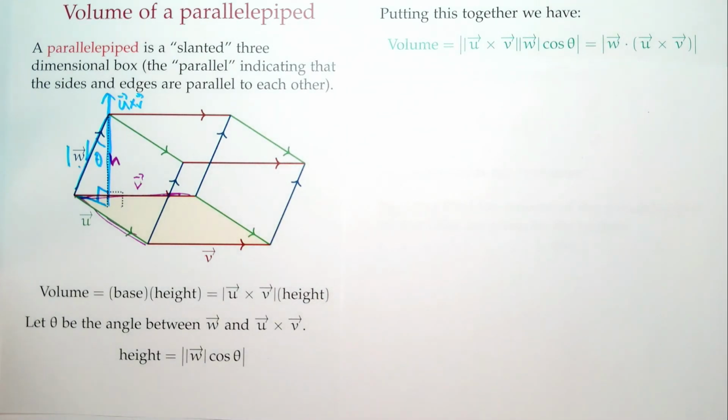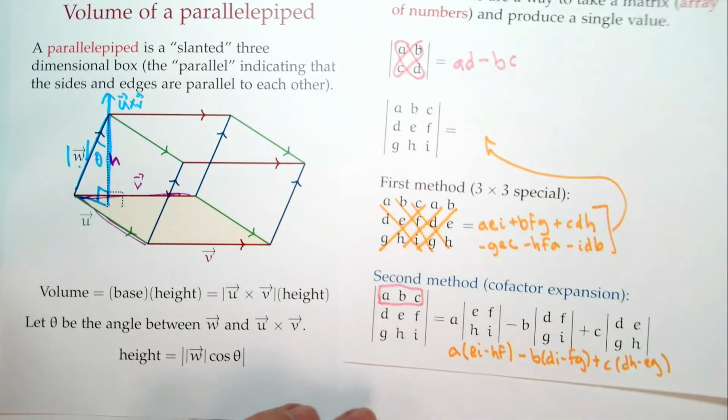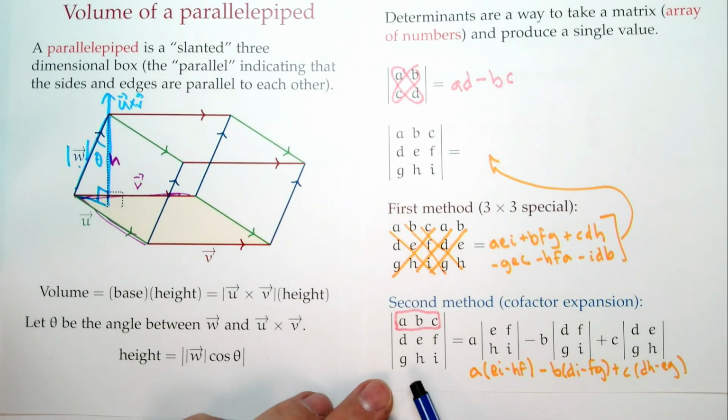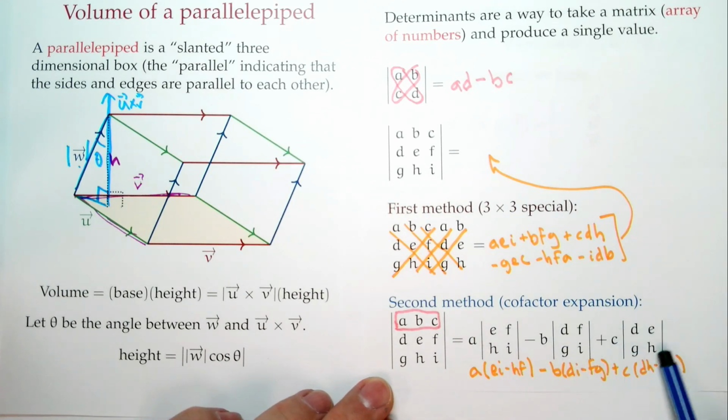Well, can we say anything more? It turns out the following is true. If you go back to the cofactor expansion, which was on one of our sheets when we talked about determinants, let's see if we still have that. Yeah, it's right here. If you think about the cofactor expansion, these entries here are the i component, the j component, and the k component of the cross product.